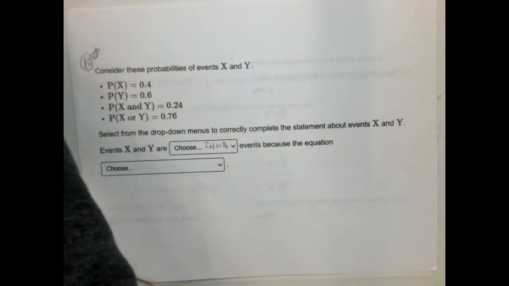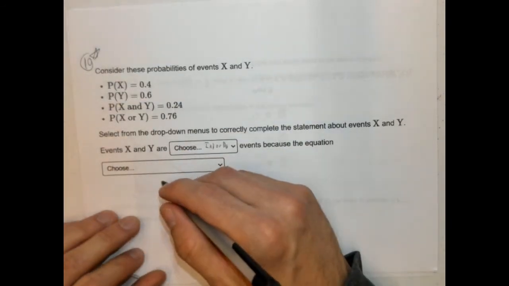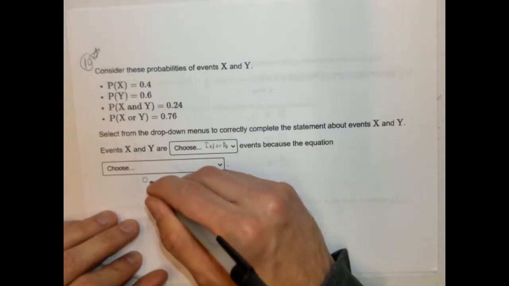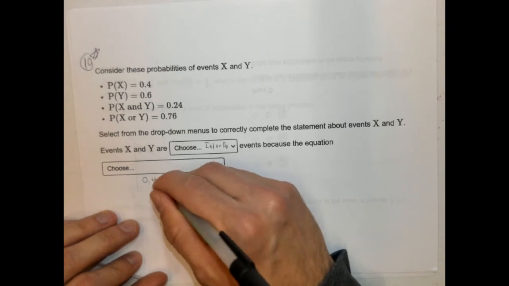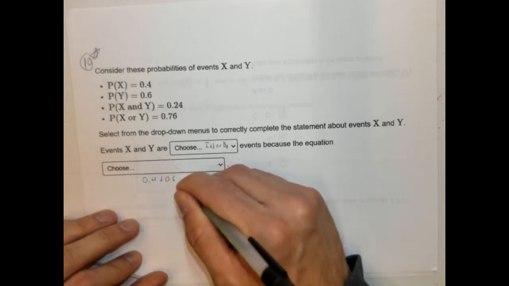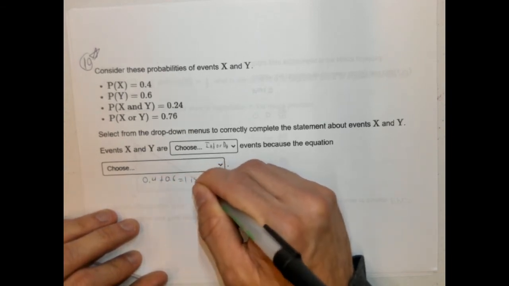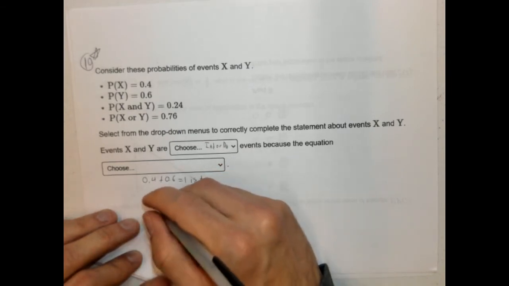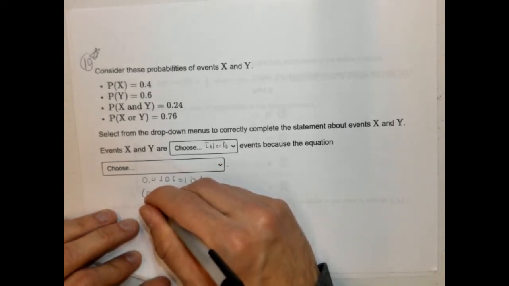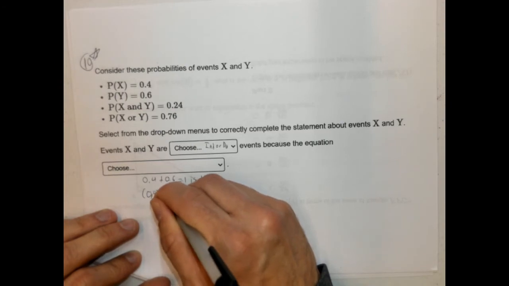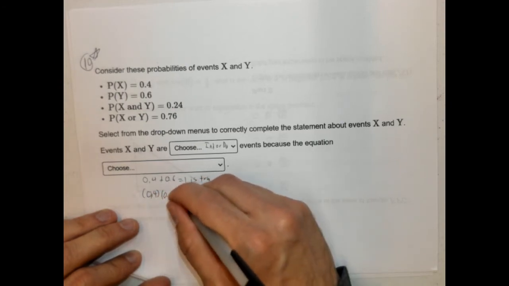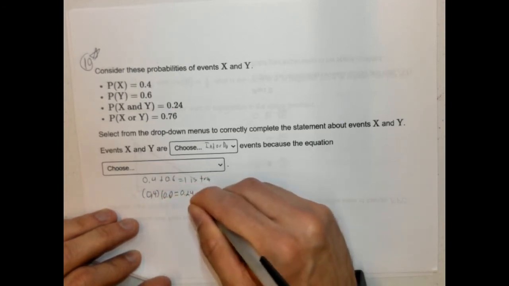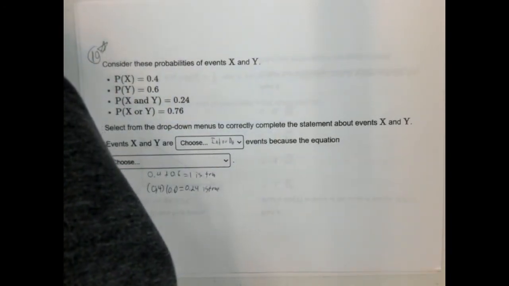And then they give us 4 options here. They give us 0.4 plus 0.6 equals 1 is true. They give us 0.4 times 0.6 equals 0.24 is true. Can you guys see this? Make sure you can see this. Hold on. Yeah, you can see this. Good.